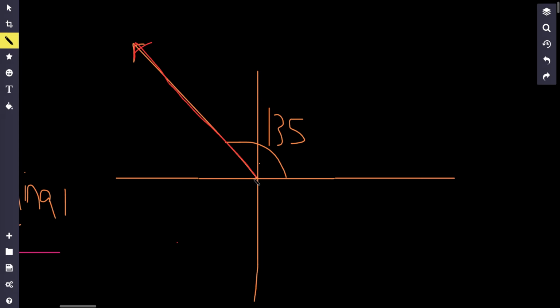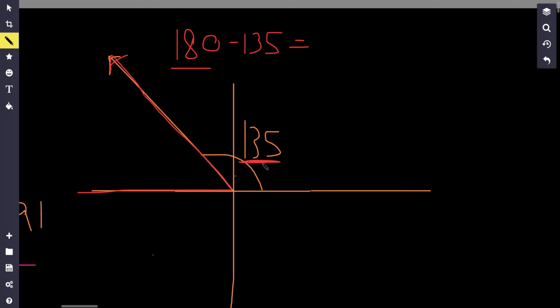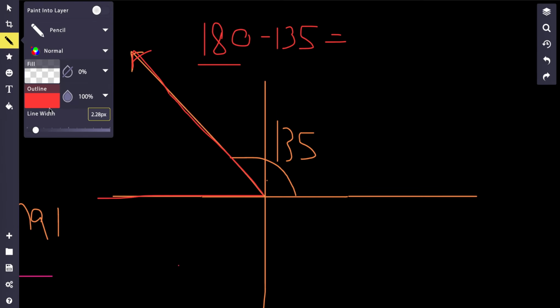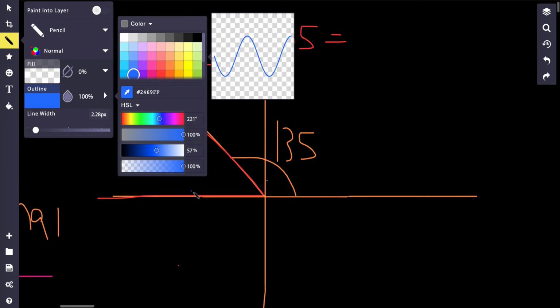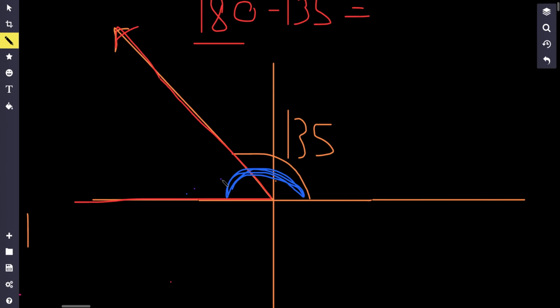In this case, you find the reference angle by taking 180 and subtracting 135 from it. So you take 180 and subtract whatever angle you have in the second quadrant. The reason is, think about it: a straight line is 180 degrees, and you're trying to find this angle.